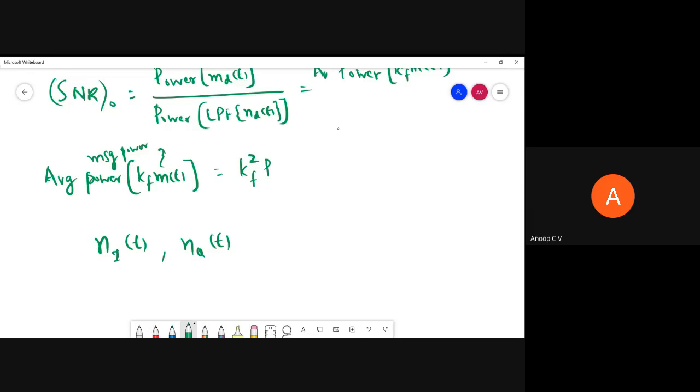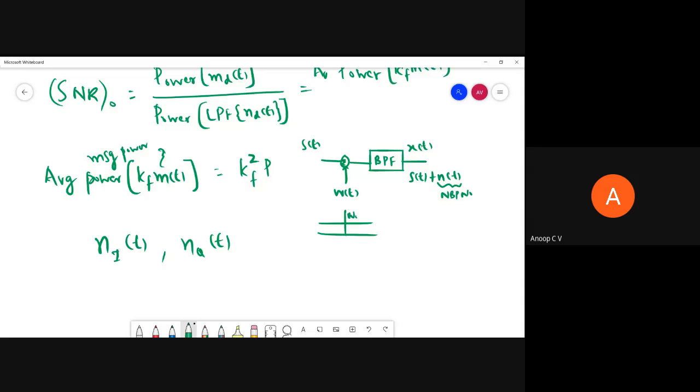So this w of t is getting added to x of t. Then we pass it through a band pass filter, and here we get x of t. x of t is nothing but s of t plus n of t. This n of t is narrow band noise, which means this w of t had a spectrum like this.